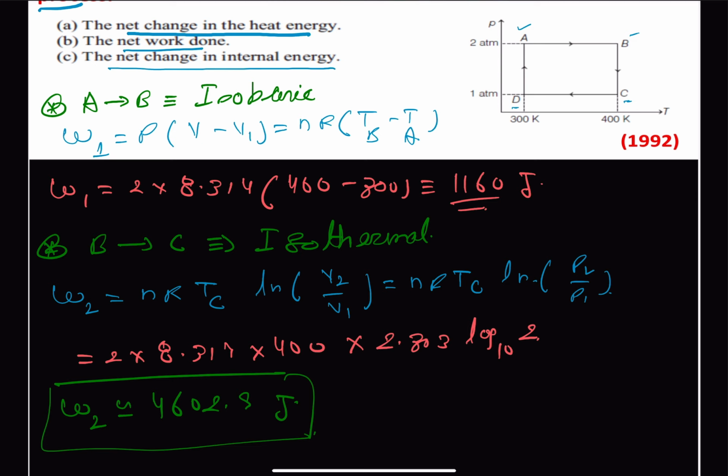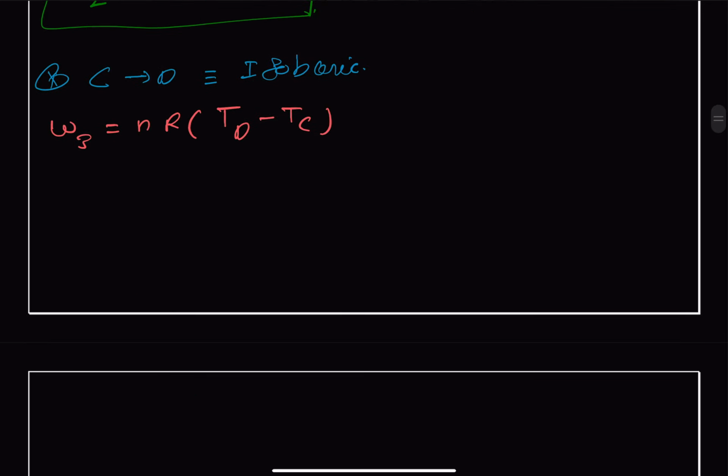Here also volume at B and volume at A, and we simply substitute the values. We get this as 3 into 8.314, and this is about 300 minus 400. So we get our W3 is equal to minus 1660 joules.